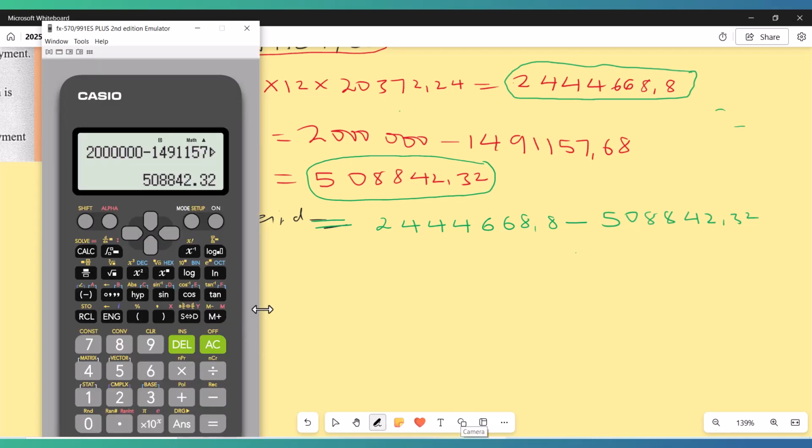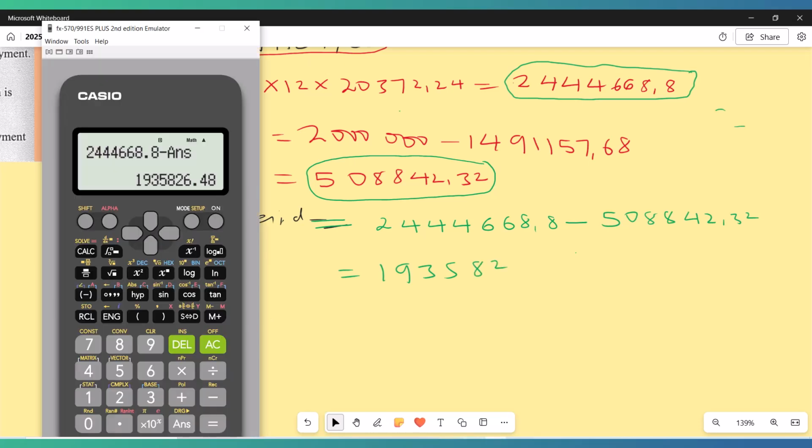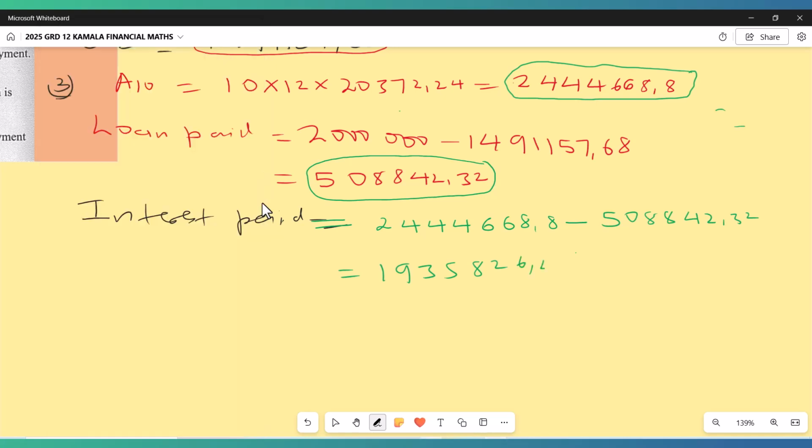So this 2,444,668.8 minus the answer on the calculator, that is now the interest: 1,935,826.48. Now that is the interest we have paid so far.